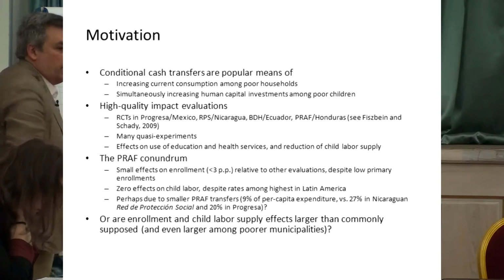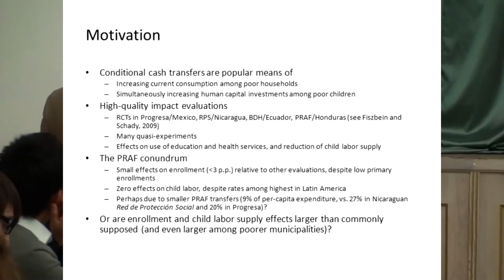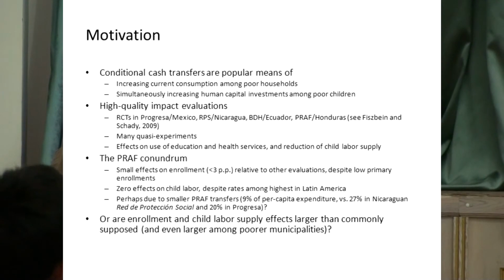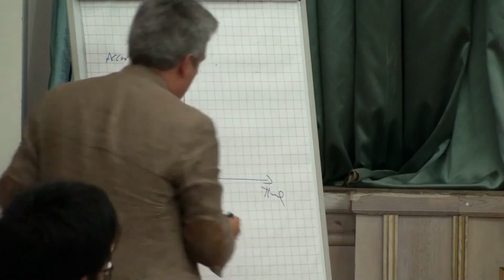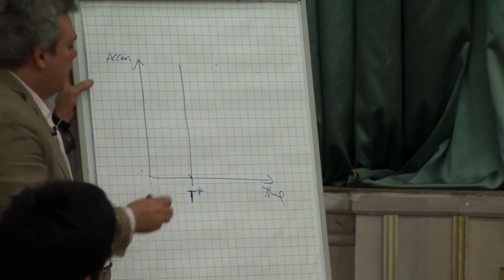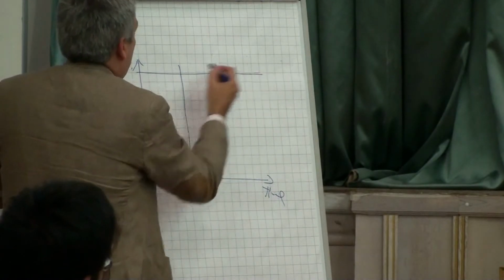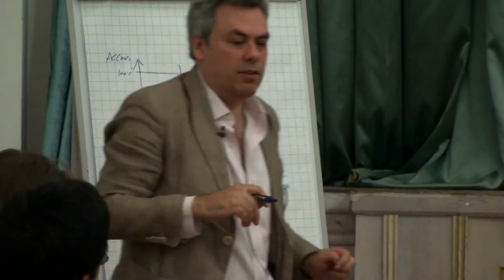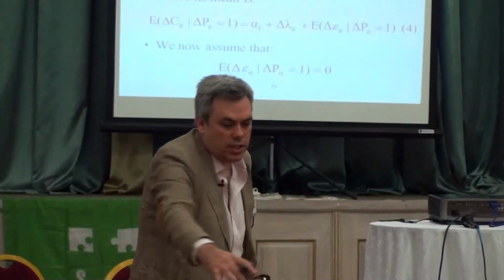Here is access, and here is, let's say, the time of privatization, T star, this is time. After T star, they privatize. This is 100% access. So the paper concluded that once you privatize water, that substantially reduces access to water.